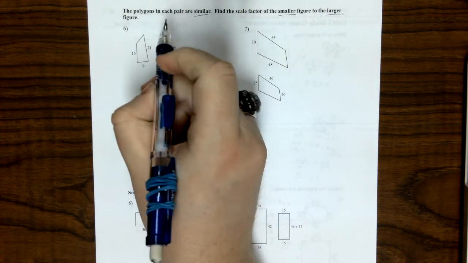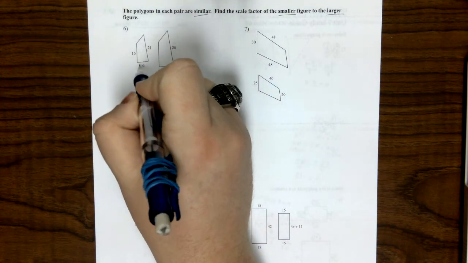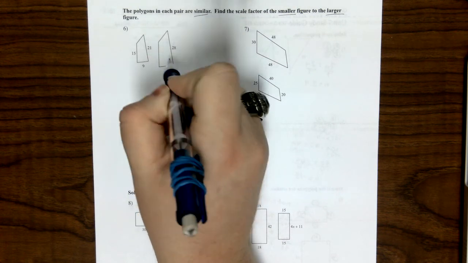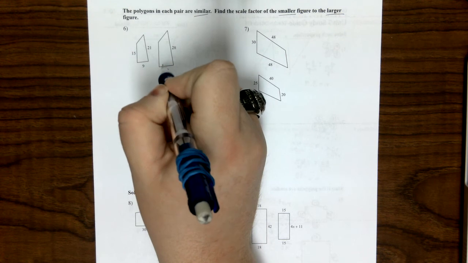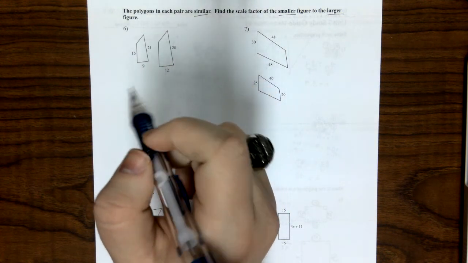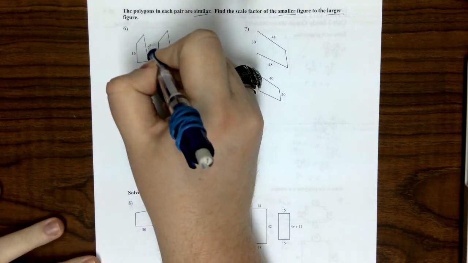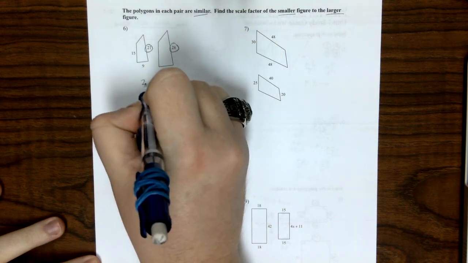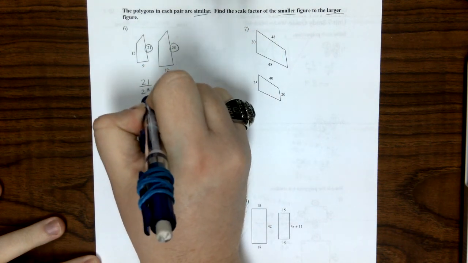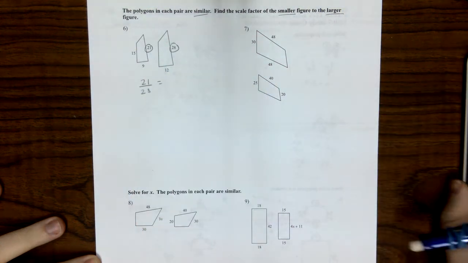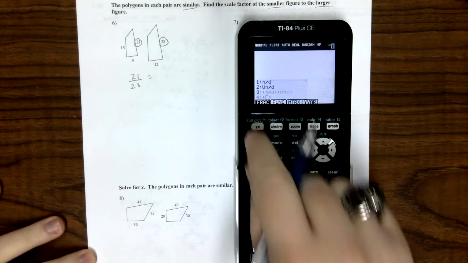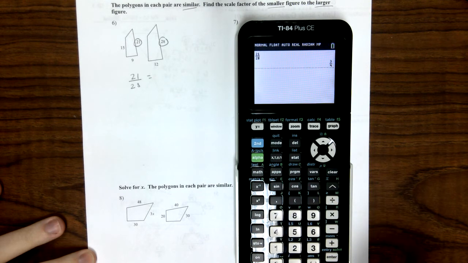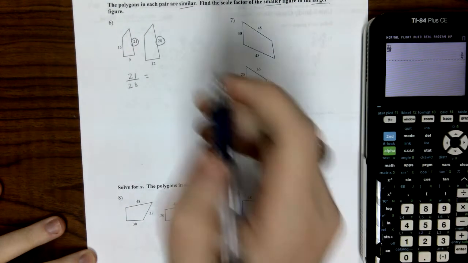Notice that in the small polygon, we know 3 sides. In the bigger polygon, we only know 2. So let's just pick a matching pair. Let's go from 21 to 28. So 21 over 28, what does that reduce to? That turns into 3/4.